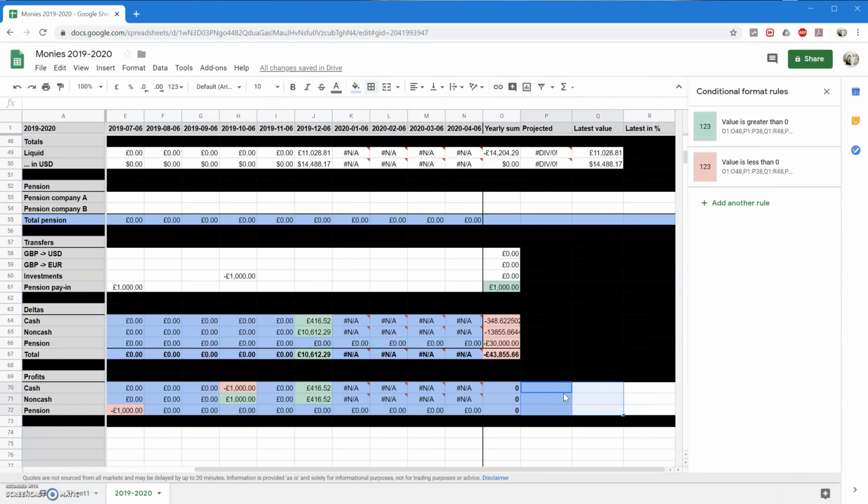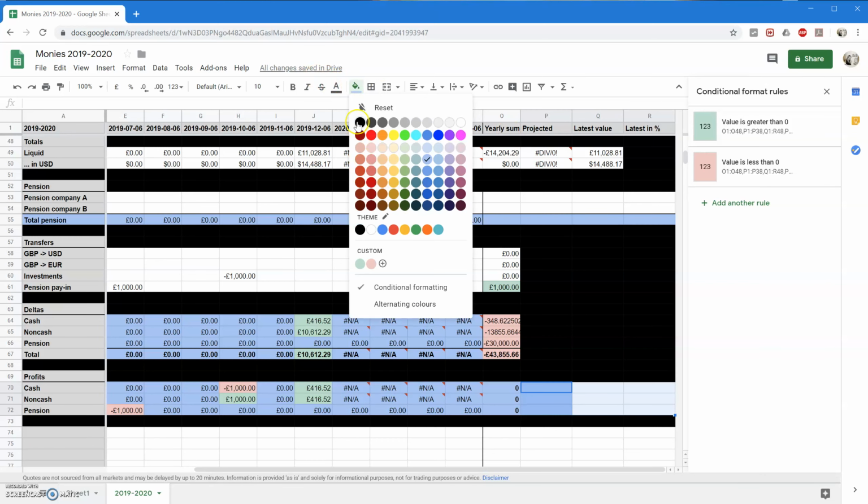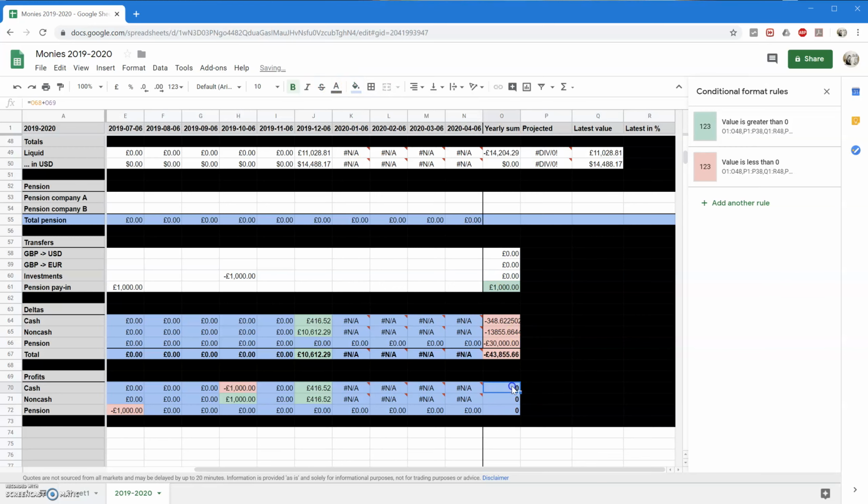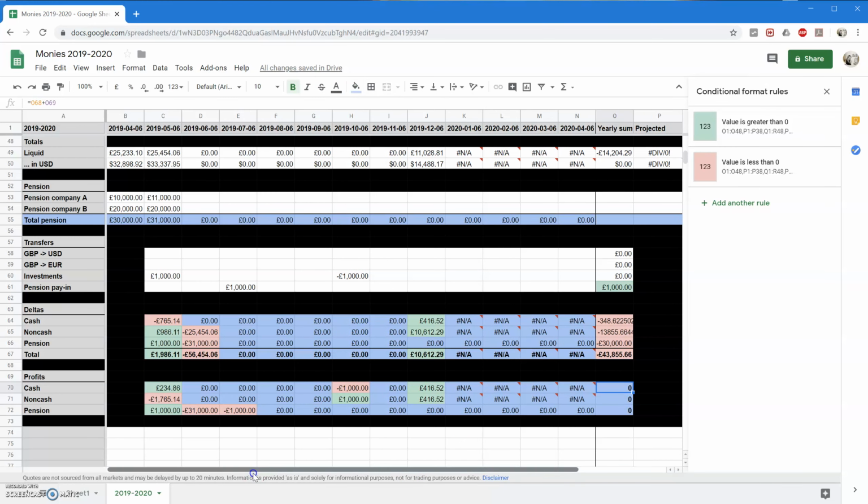Project this, and latest value also doesn't make sense. Ah, that's not what I meant.